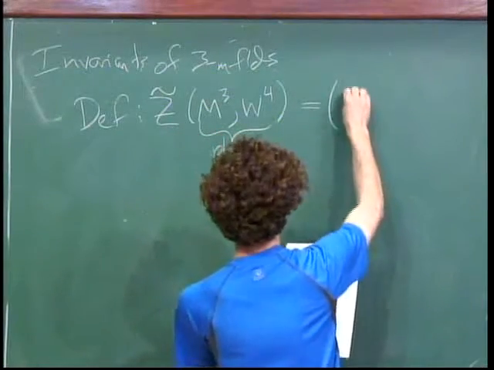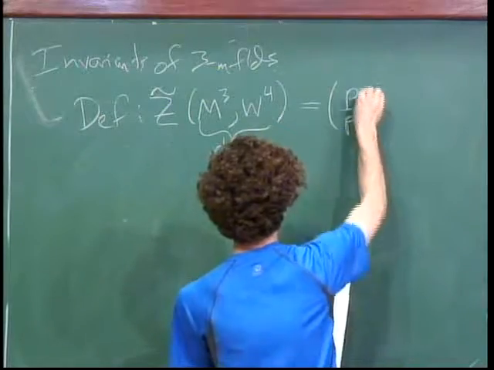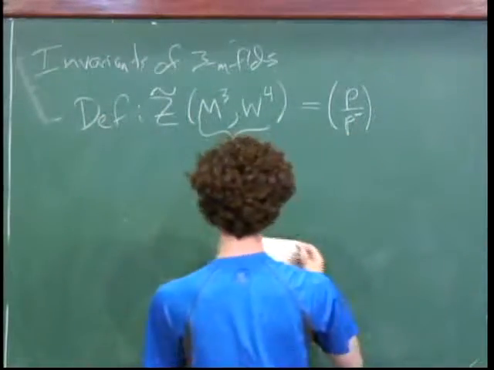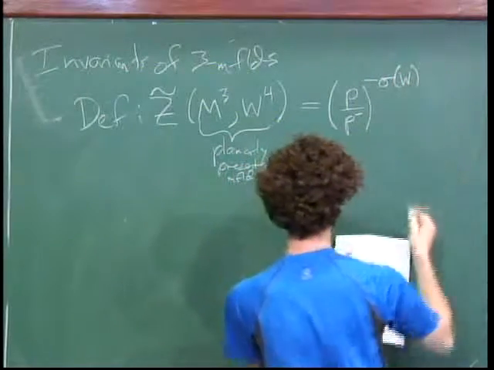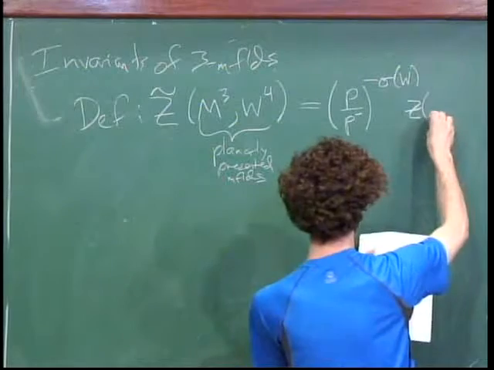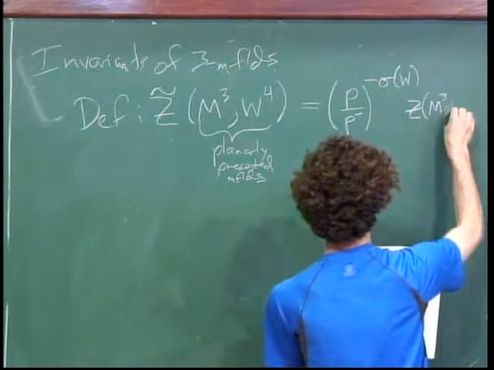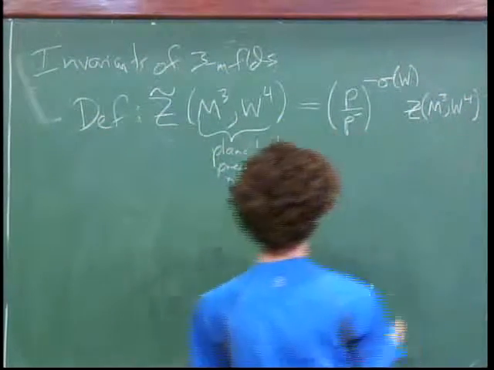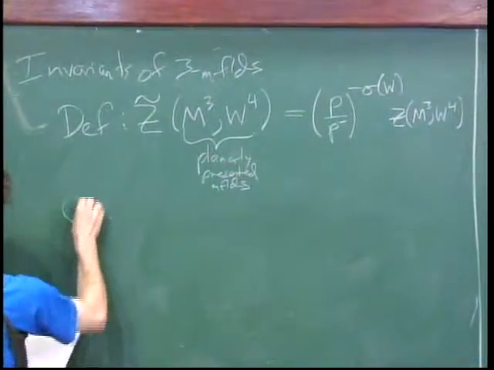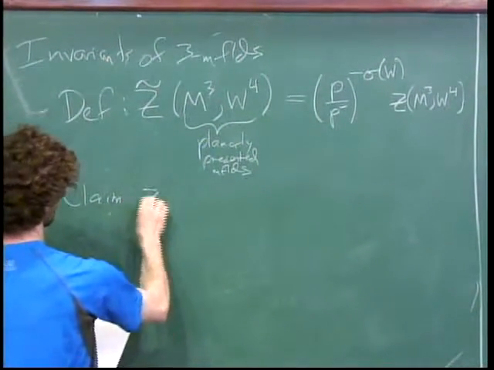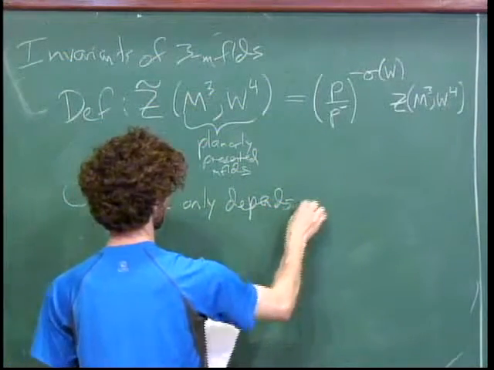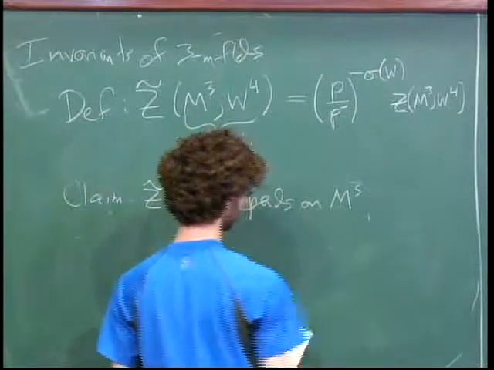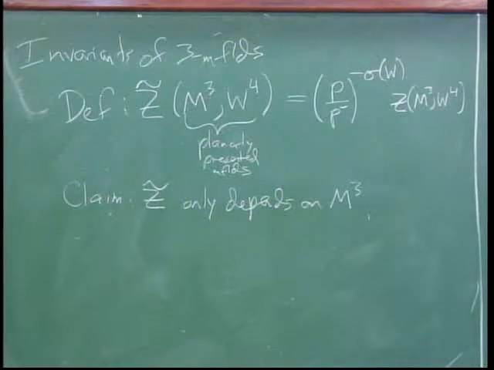Then I take this unfortunate difference that I found over there, take minus the signature of the bounding four-manifold, and multiply it by the value of my actual TFT invariant. The claim is that Z tilde only depends on M3 itself. And so Z tilde is actually the Reshetikhin-Turaev invariant of the three-manifold.